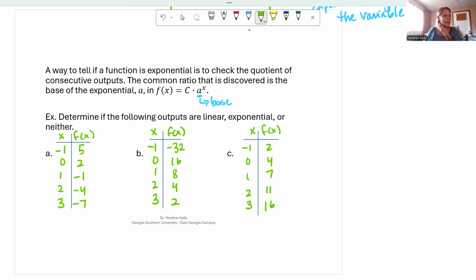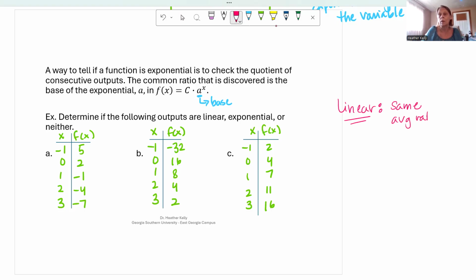Okay, so the question asks us to determine if the following outputs are linear, exponential, or neither. Now let's remind ourselves, for them to be linear, what was the trick to find if something was linear? That we had the same average rate of change.